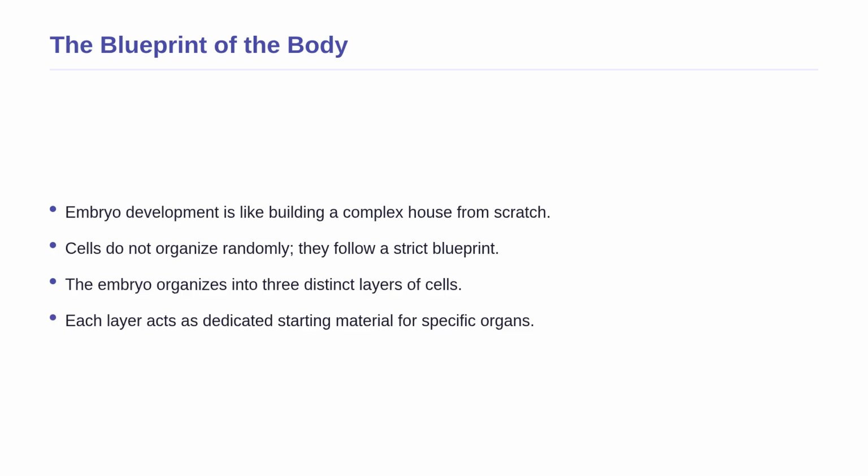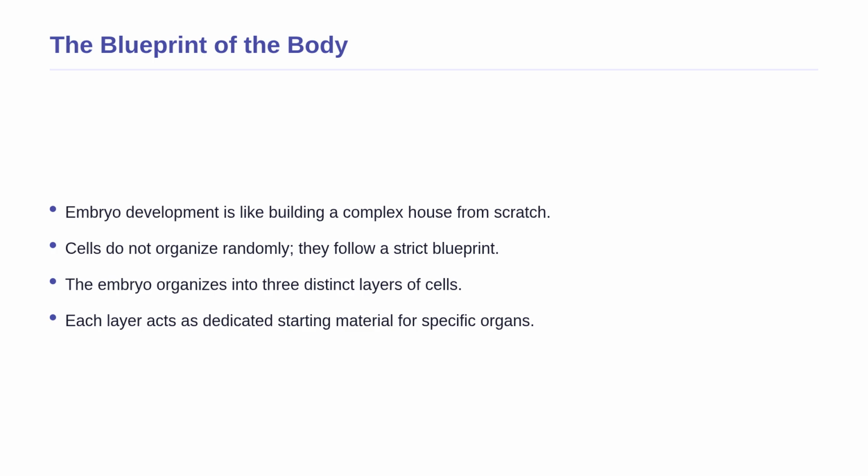To start, let us imagine you are watching a construction crew build a massive, complex house. You know that they do not just throw bricks and wood into a random pile and hope a house appears. Instead, they lay a concrete foundation, frame the wooden walls, and finally put on a shingled roof.